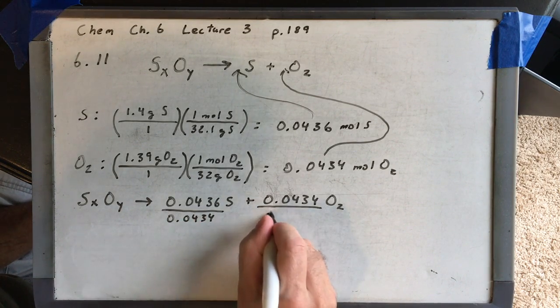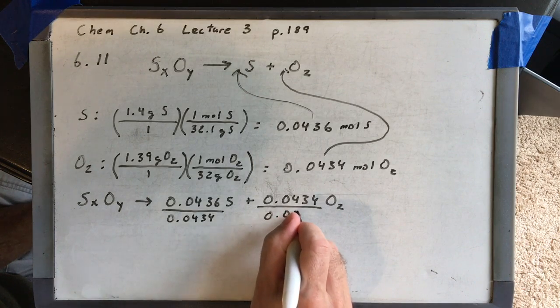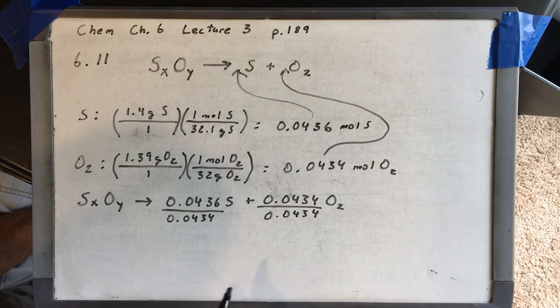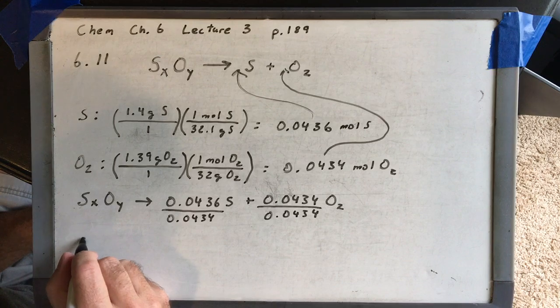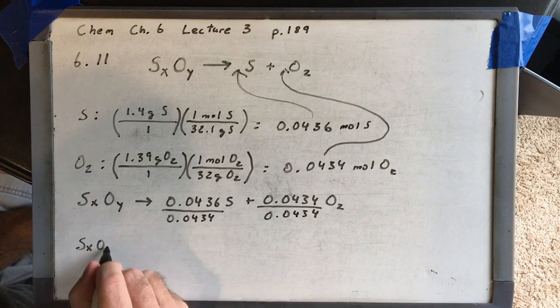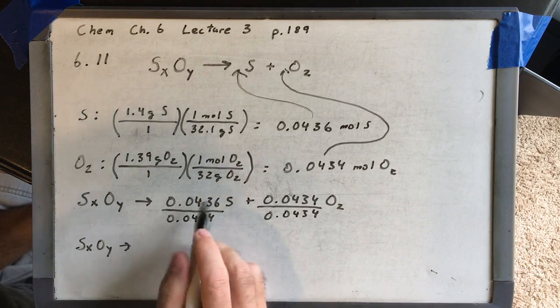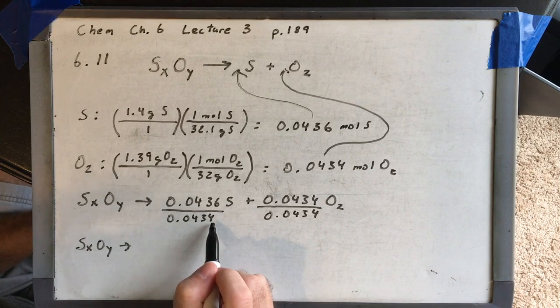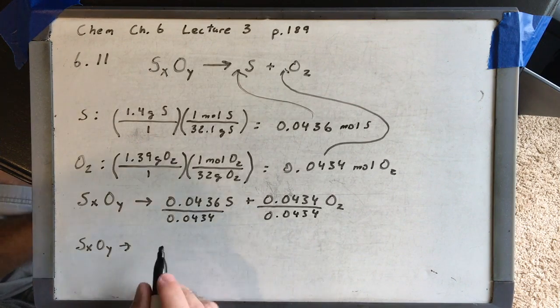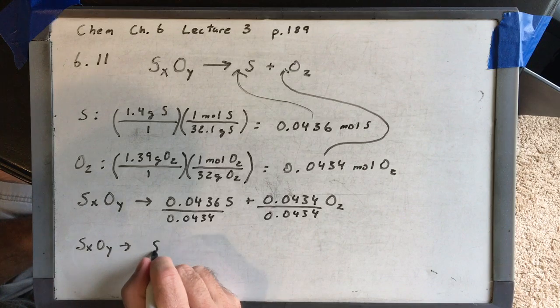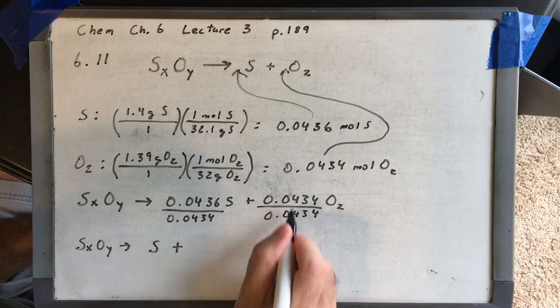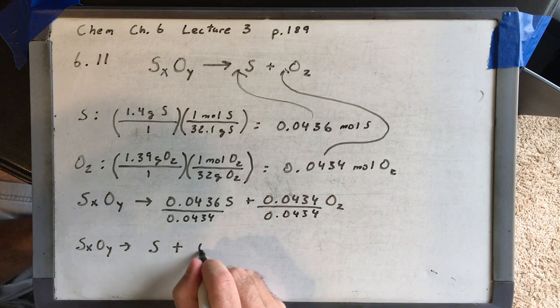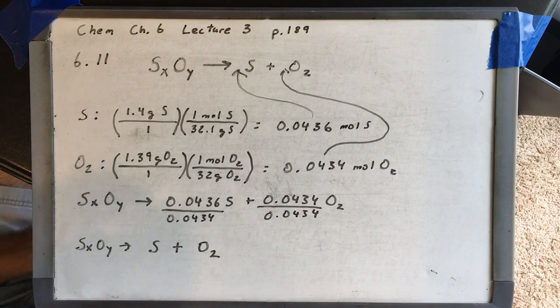It's just a smidge smaller. All right, so this is SxOy. Well, 0.0436 over 0.0434, if you put that in your calculator, it's just right at 1. So our coefficient is going to be 1. And then this one obviously is going to be 1, so it's just S plus O2.